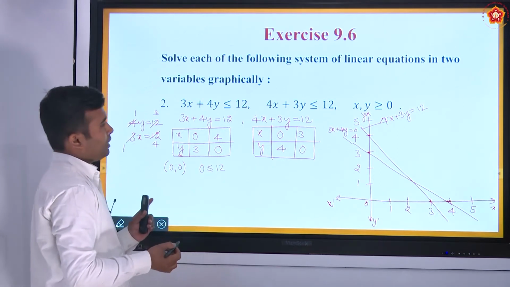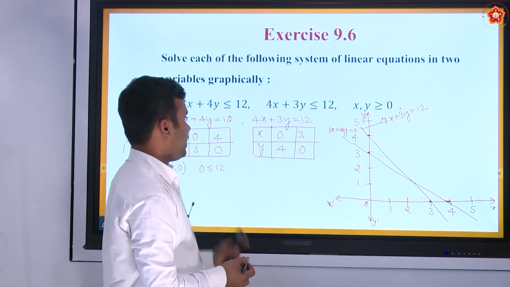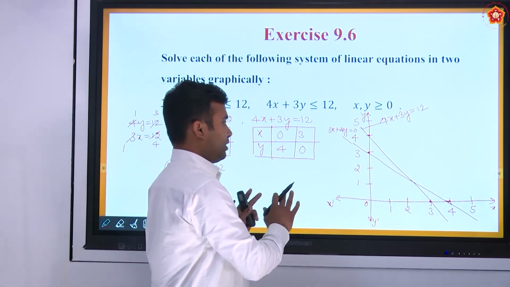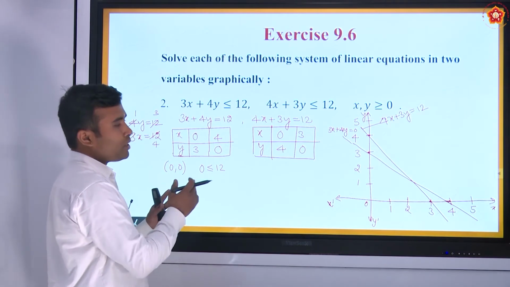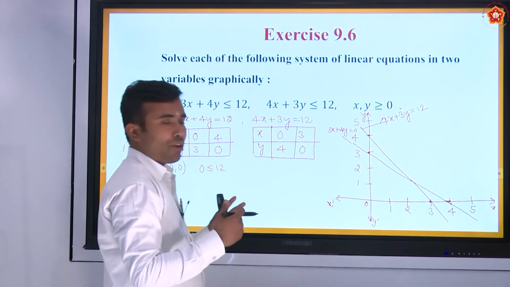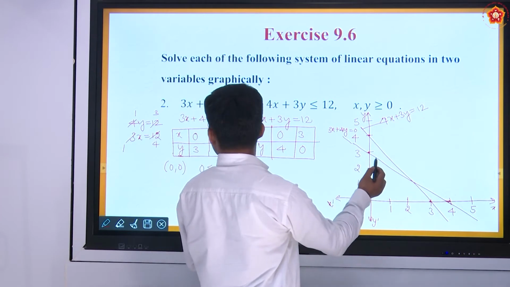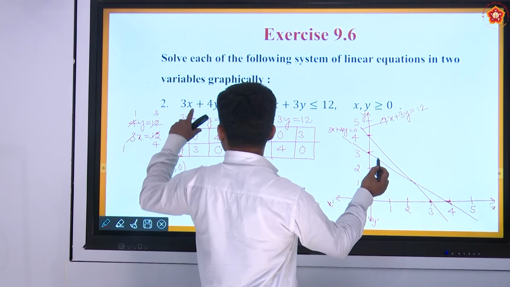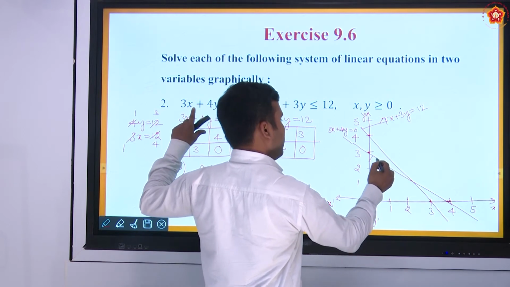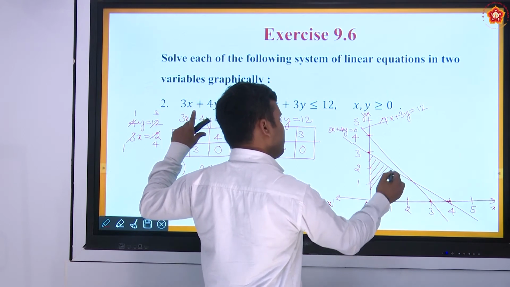Is it true? Yes, that is true. Then the region will be towards the origin. So for the line 3x plus 4y is equal to 12, the solution of this inequality lies towards the origin.